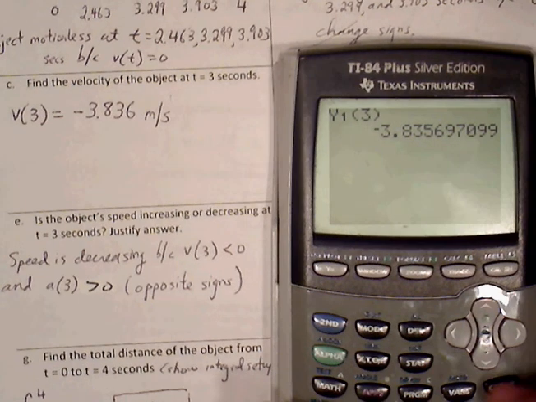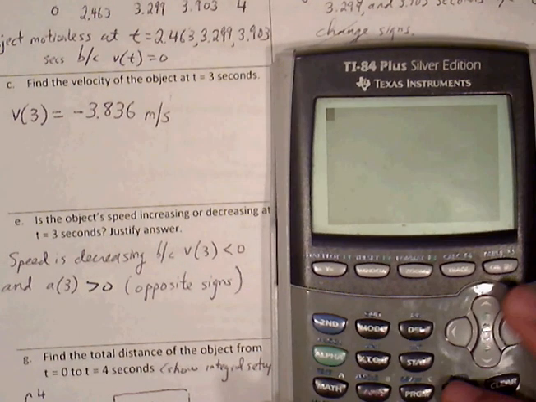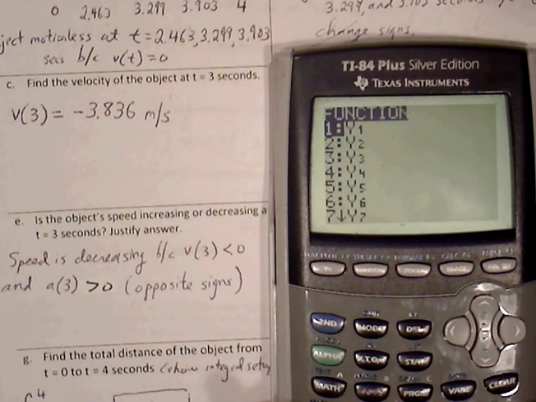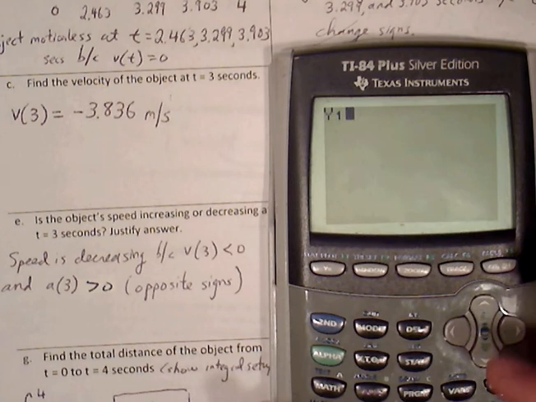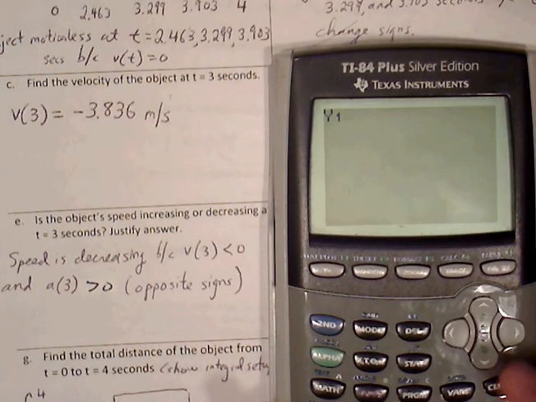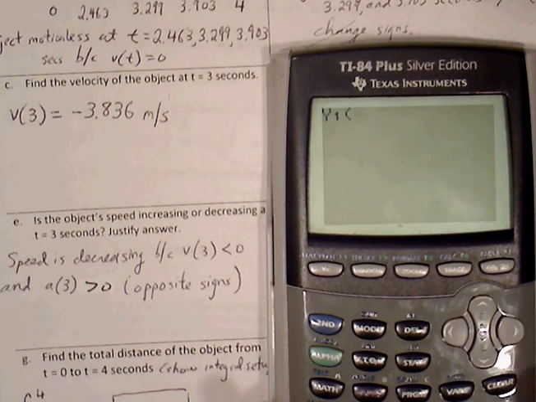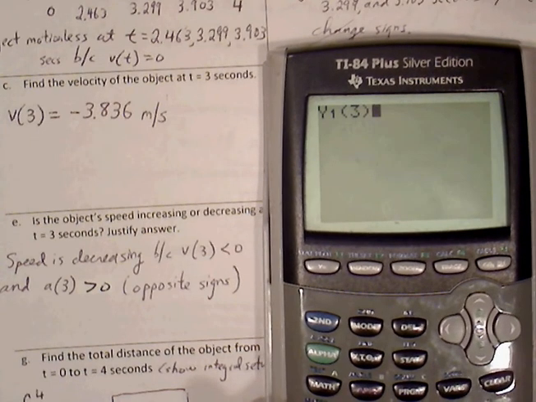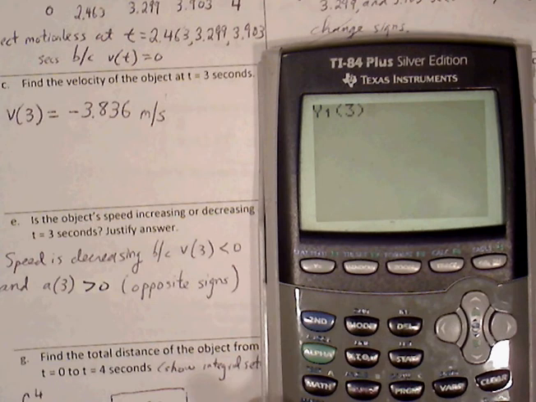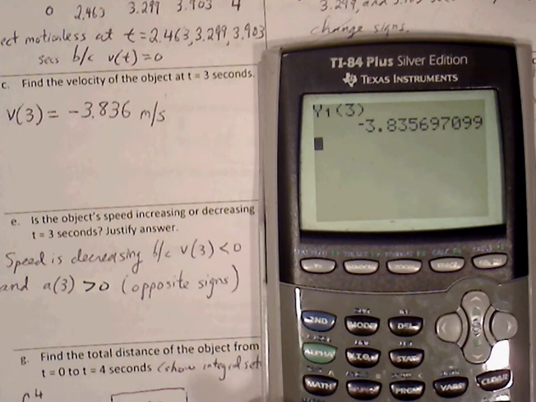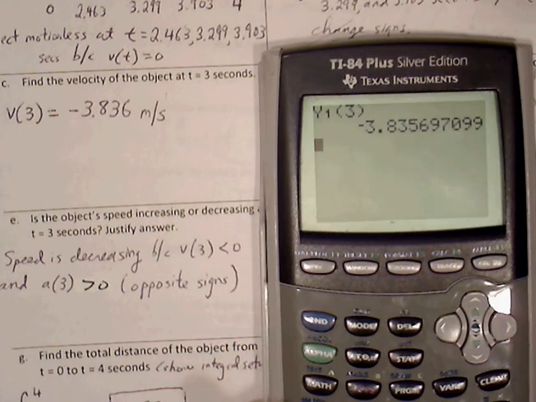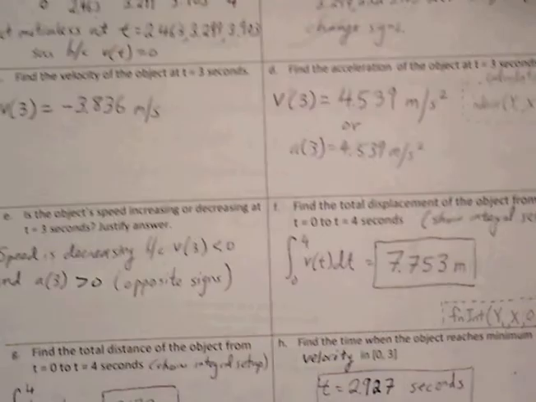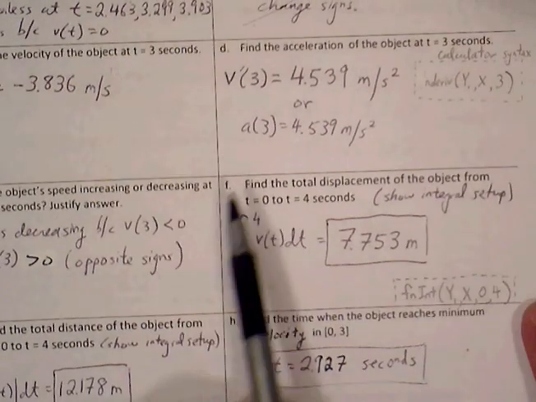If you go to your home screen, you can click on vars, scroll over to yvars, function y sub 1, and y sub 1 holds the velocity function, so we can simply ask the calculator to evaluate 3, plugging 3 into the velocity function to give us the velocity at that moment in time, which is -3.836 meters per second.